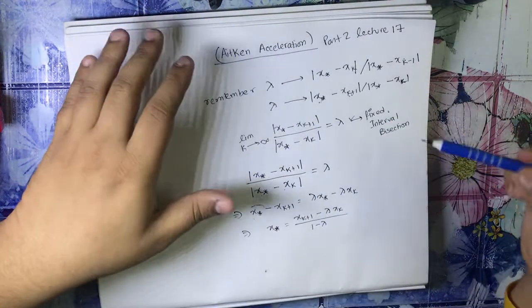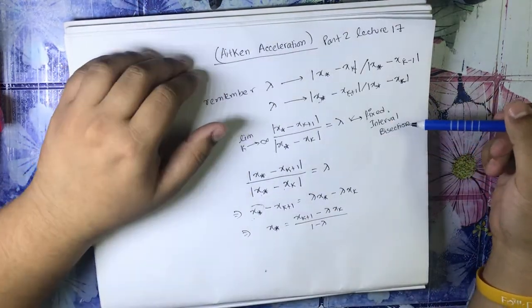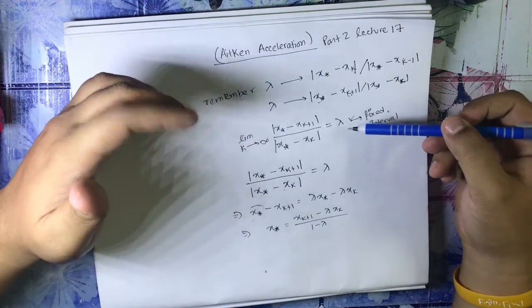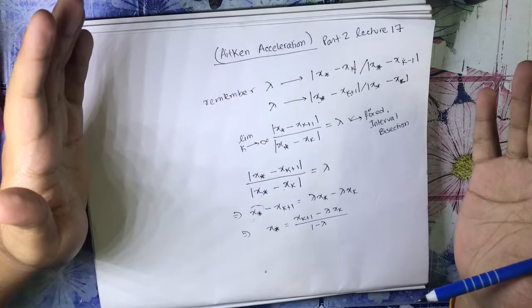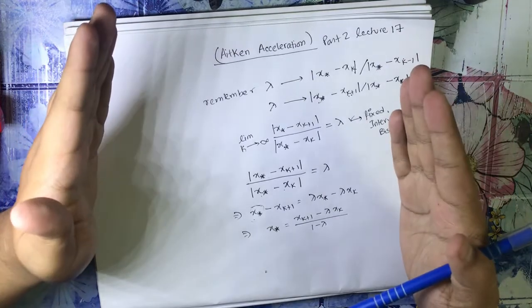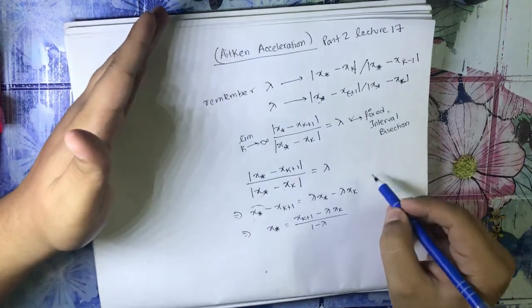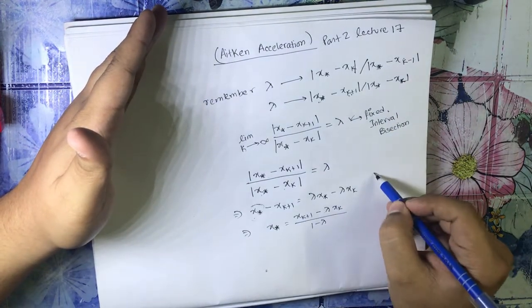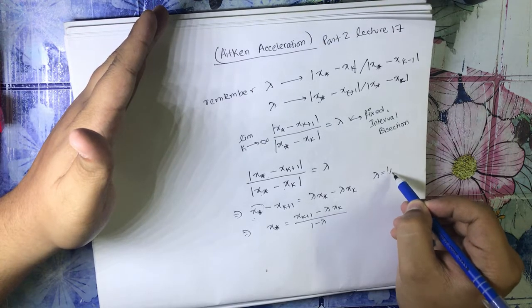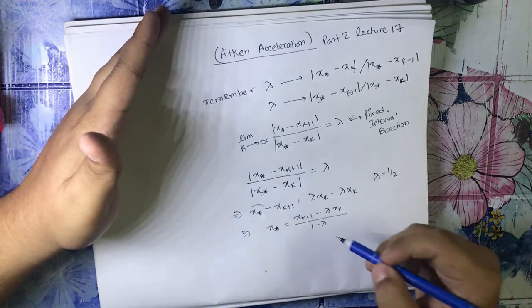So just refer back to the previous lectures. You know that in interval bisection, our lambda is fixed. What was the value for lambda? My interval was basically becoming half at every step, so my value for lambda at interval bisection is equal to half, right?